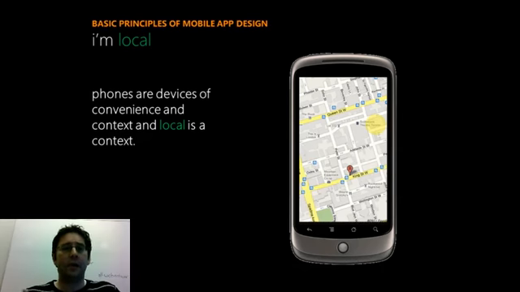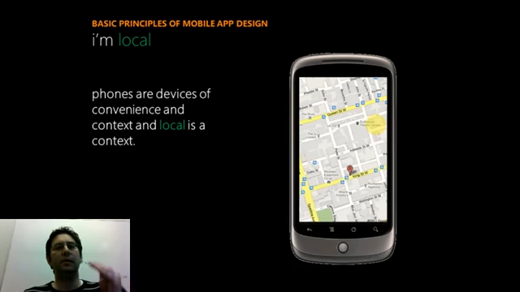So locality is one of the main things. So, you take a look at Foursquare, you take a look at Groupon, you take a look at all these things. These are applications or services that allow you to take advantage of things that are near you, right? So most of the application developers that I talk to think about how they can be local, or how they can add GPS capabilities, or the ability to find out where you are as part of their app.